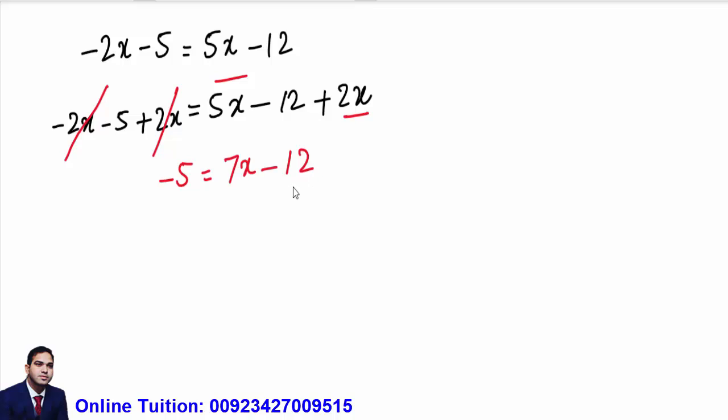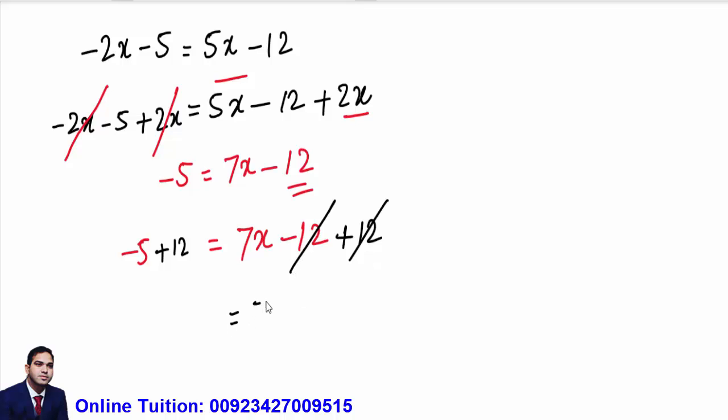Now we have to remove this 12 because we have to find the value of x. So for this, 7x - 12, this is -5. Now adding 12 on both sides, this 12 and this 12 will be cut off because this is negative, this is positive.